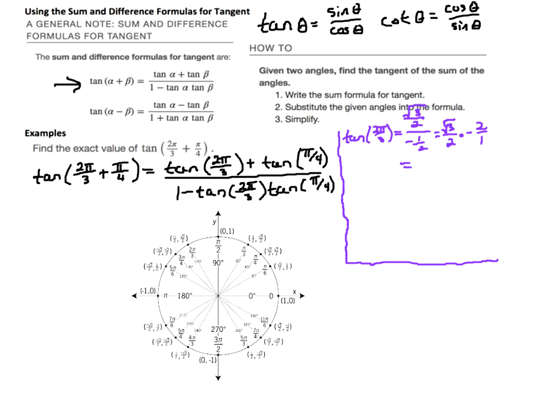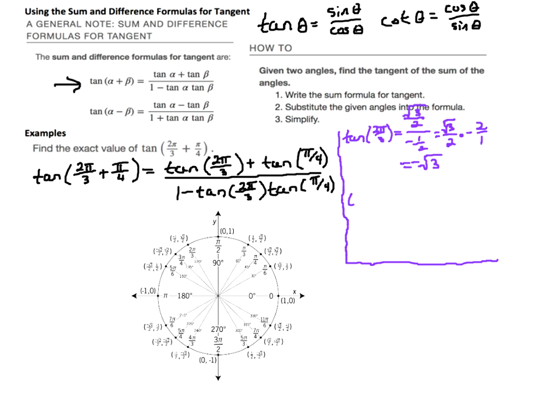My 2's divide out, and oh goodness, when I did it earlier, I didn't carry my negative sign with me. So that is negative square root 3. I put square root 3 down.